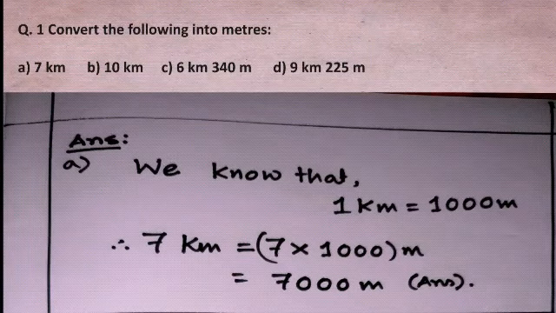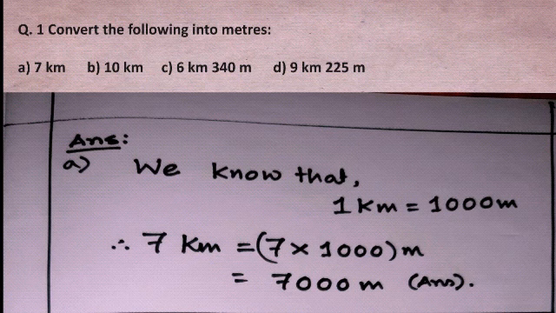Now let us practice. Question number 1. Convert the following into meters. Question number 1A, 7 km. Question number 1B, 10 km. We have to convert these units into meters. So km to meter.